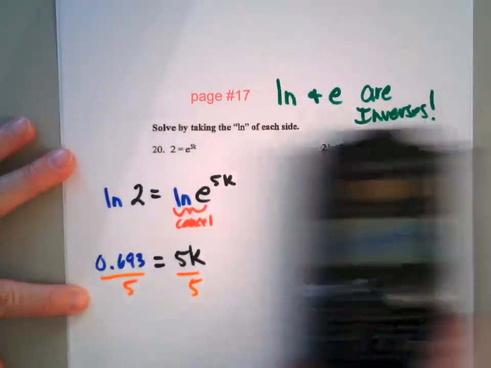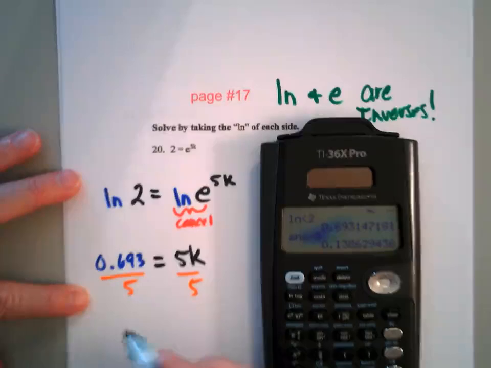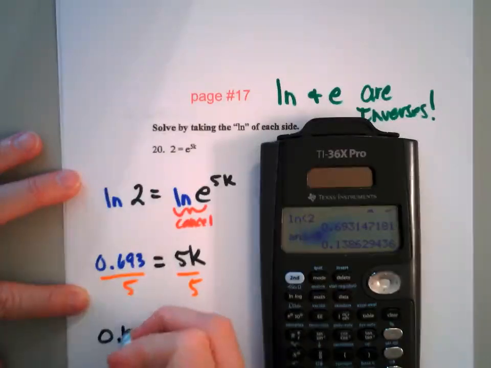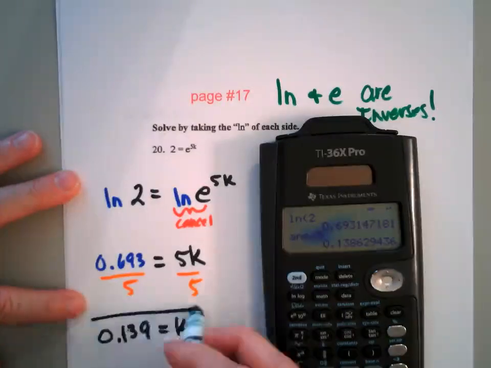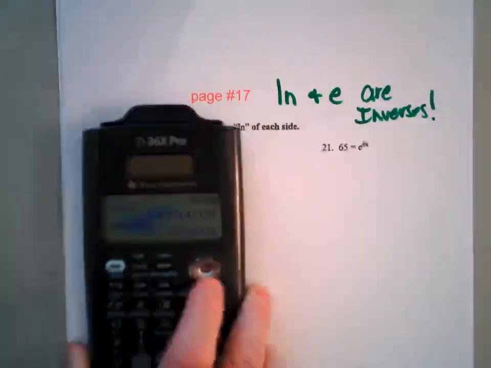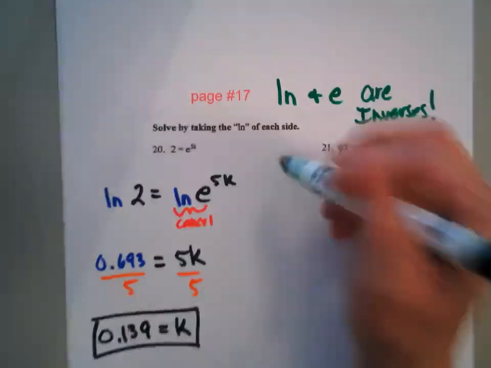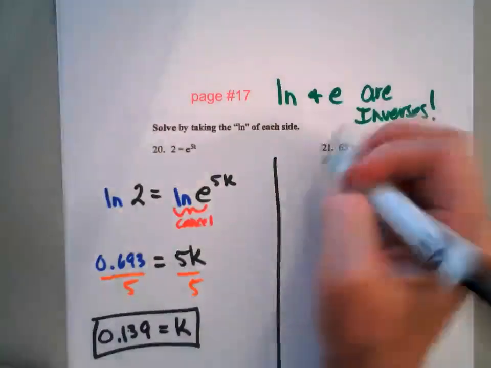We're going to get an even smaller decimal. Divide by 5. And you get that right there as your answer. Round it to 3 decimal places. 0.139 equals the k. Again, no need to worry about extraneous values. There are no extraneous values in exponential equations. So no worries about that. Okay, very similar problem here for 21.